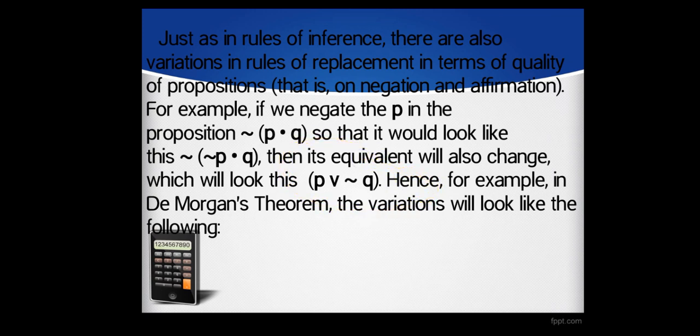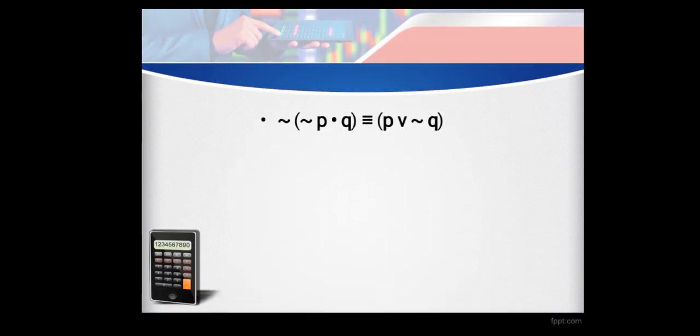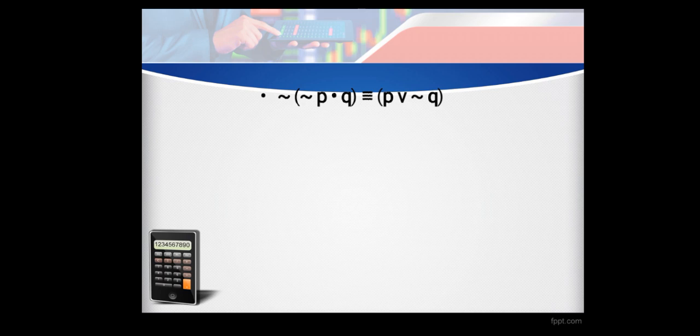Hence, in De Morgan's theorem, the variations will look like the following: not (P and Q) is equivalent to P or not Q.